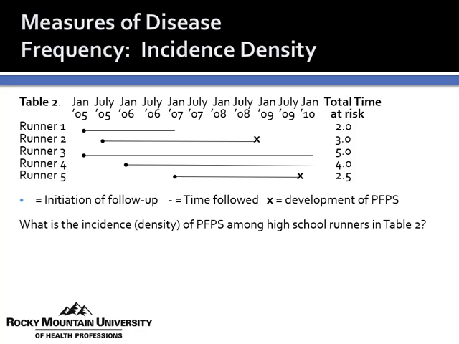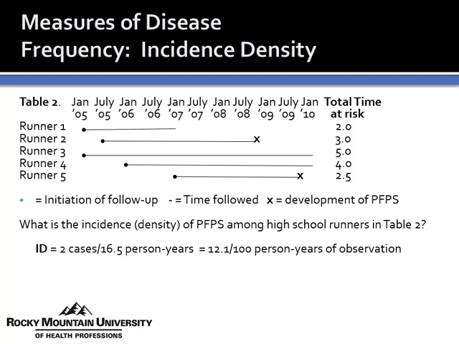So now, what is the incidence, that incidence density of patellofemoral pain syndrome among high school runners in Table 2? Well, you'd add up the person years, that total time at risk. So now you have 2 cases divided by 16.5. And that gives you 12.1 cases per 100 person years of observation.